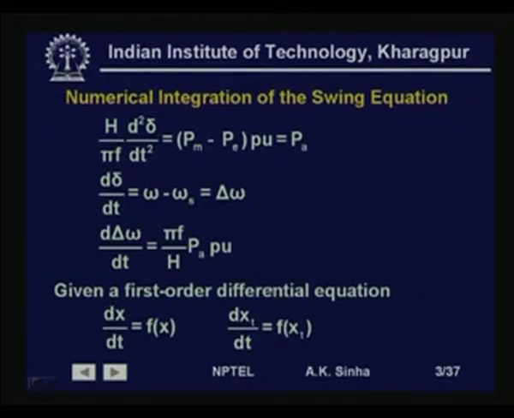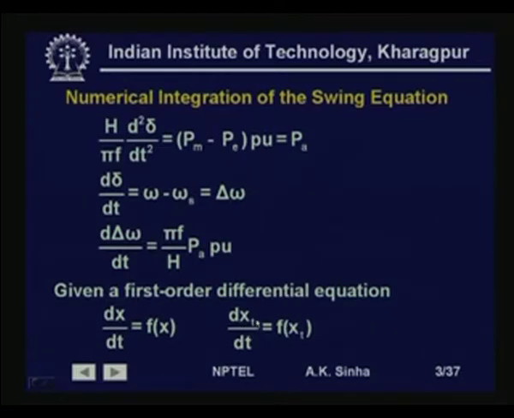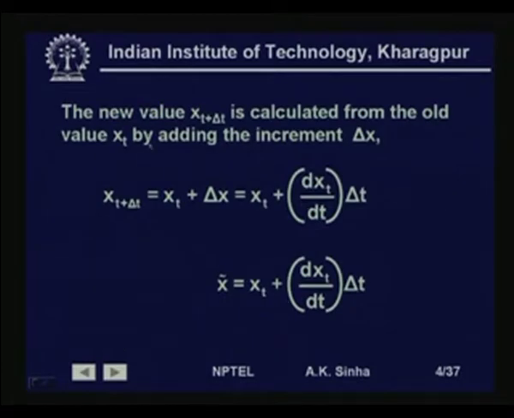Given a first order differential equation, dx by dt is equal to f(x), at any time t we have the value dx(t) by dt is equal to f(x(t)), and dx(t) by dt is nothing but the slope of the solution curve at x(t). So, we can find out the new values.